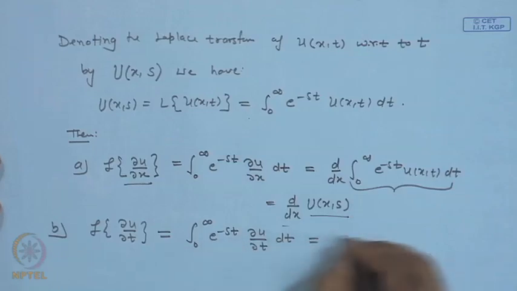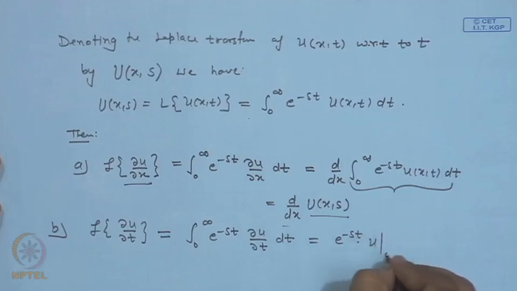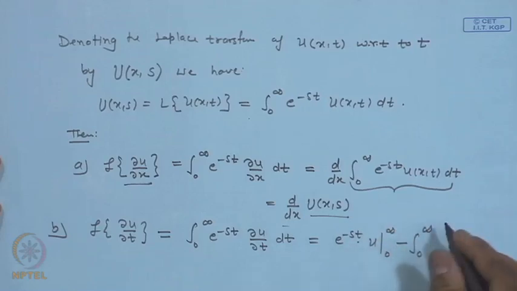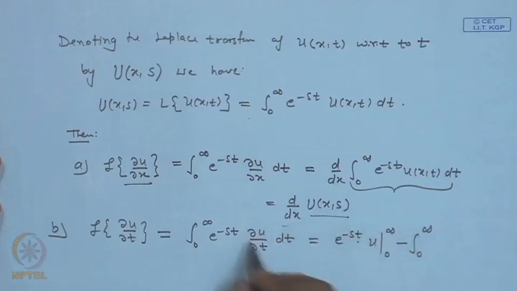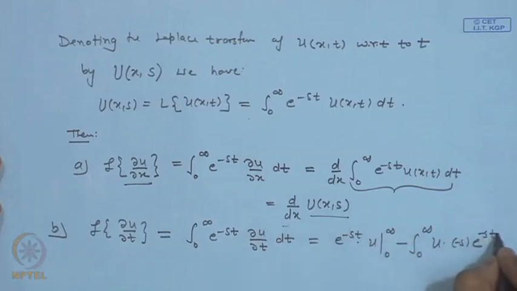By parts we can integrate. So, e^(-st) u between the limits, and then minus the integral from 0 to infinity of u times (-s) e^(-st) dt.